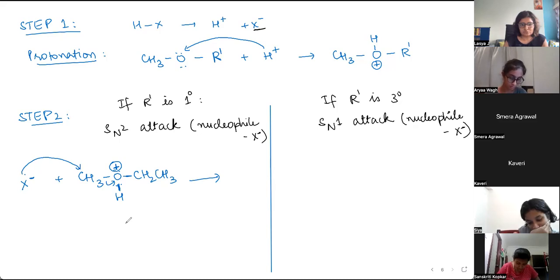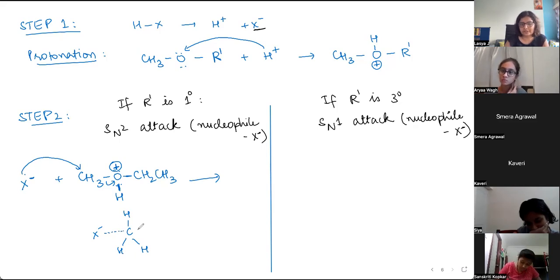So you have CH3. On one side, you have X minus, which is attacking, trying to form a bond. On the other side, you have the oxygen and the rest of it trying to leave.